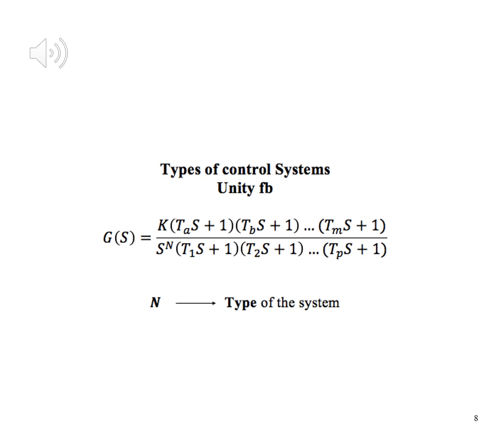I may have 1 0 pole, therefore I have s to the power of 1 in the denominator. I might have 2 0 poles in the G of S function, therefore I have s to the power of 2, and so on. So in general, s to the power of n indicates the number of 0 poles in G of S.